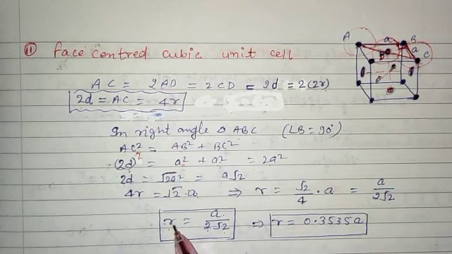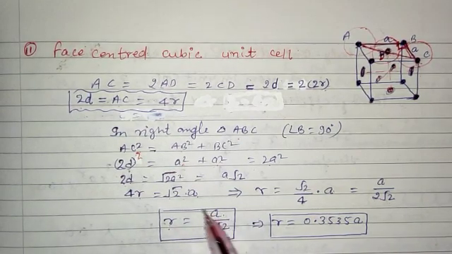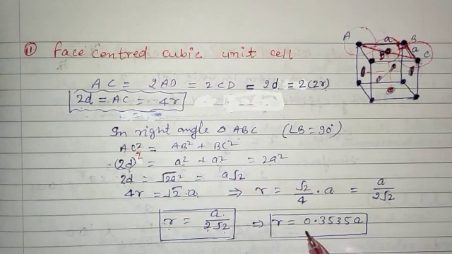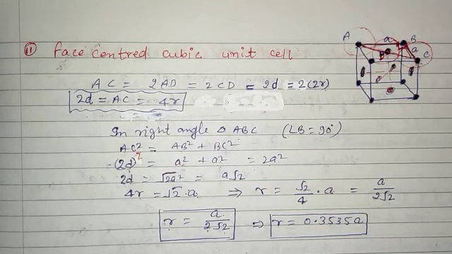This is the relation between radius of atom and edge length. Okay, after simplifying, you can write this r equal 0.3535a. This is the relation between the radius of atom and the edge length of cubic unit cell. Thanks and have a nice day.